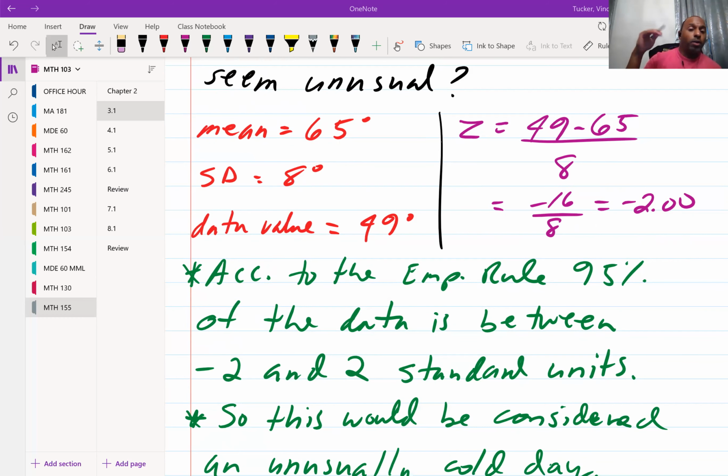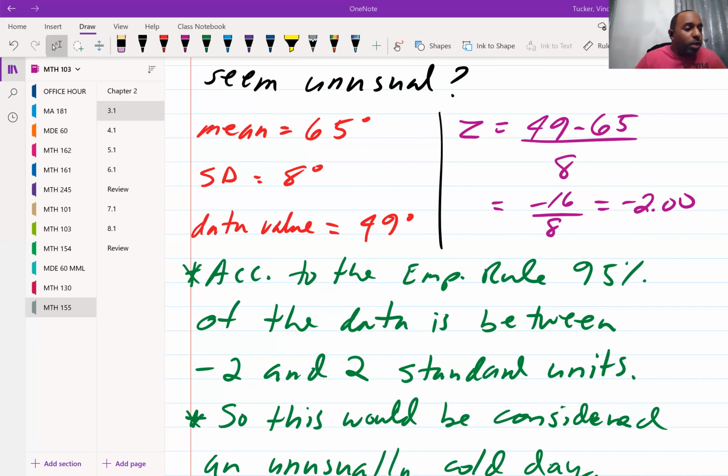Well, I was telling you they were all the same. It's just that in the population, those would be the symbols used. Then for the sample, those would be the symbols used, but they all represent the same thing, which is the data value minus the mean divided by the standard deviation. Oh, okay. Got it. Thanks. Not a problem at all. Glad you asked.